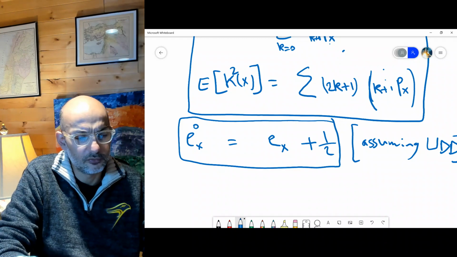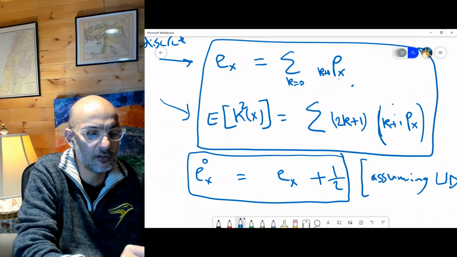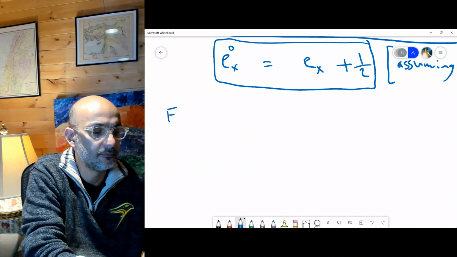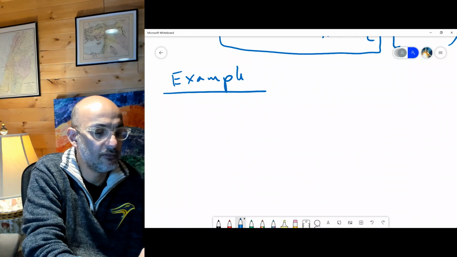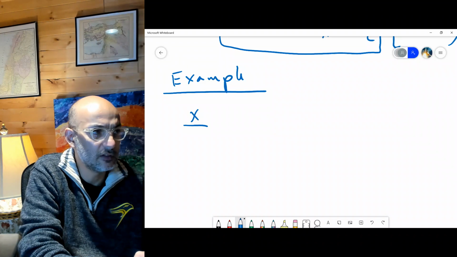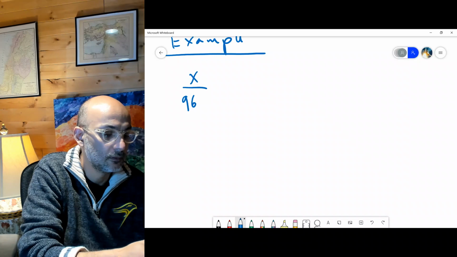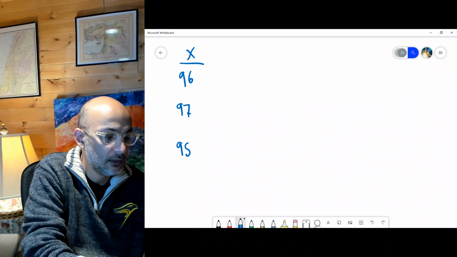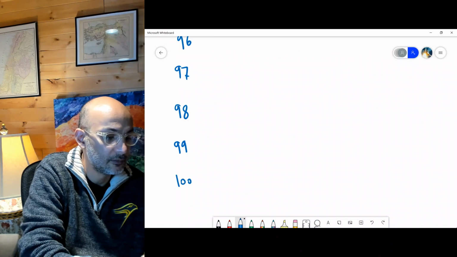We talked about lots of definitions now. Let's take one simple example on this. We have x. What is x? It's age, right? x is, let's say, 96, 97, 98, 99, 100, right?